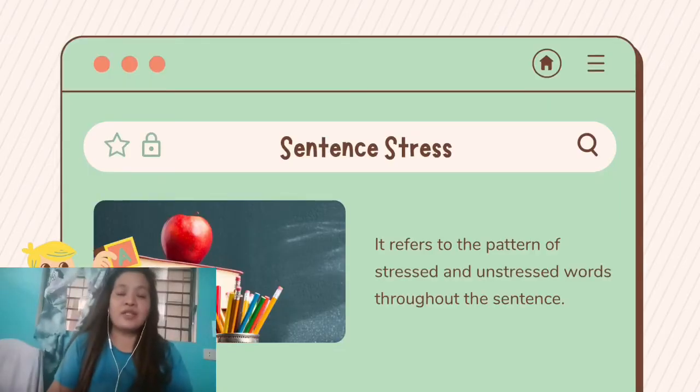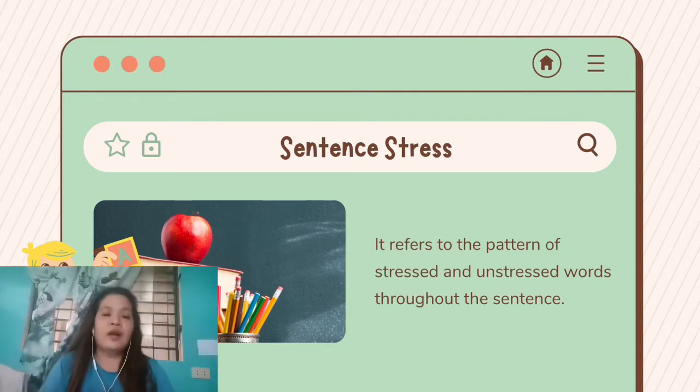The next one is sentence stress. What is sentence stress? Sentence stress gives rhythm to English. What is rhythm? Rhythm is music in English. Sentence stress is when in a group of words, you emphasize other words and say them loudly and slowly. I will read different expressions in different emotions.